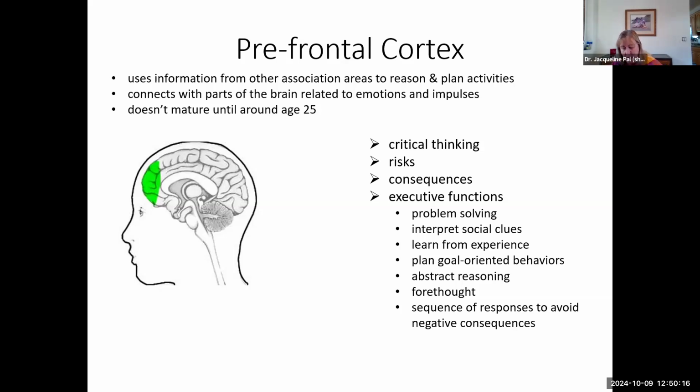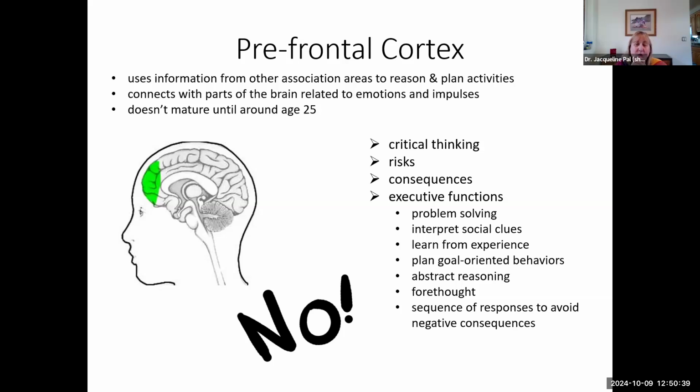So here's what I want you to do. Every single time you want to do something and somebody tells you no, they are helping to develop your prefrontal cortex. So this is a major dilemma in our judicial system because we know this does not develop until the age of 25.